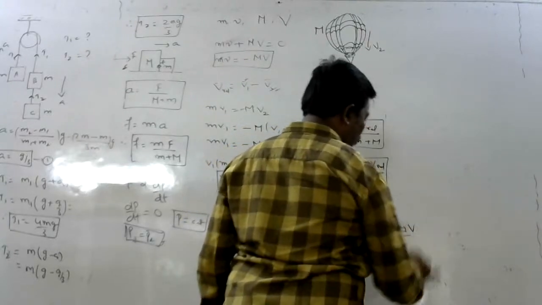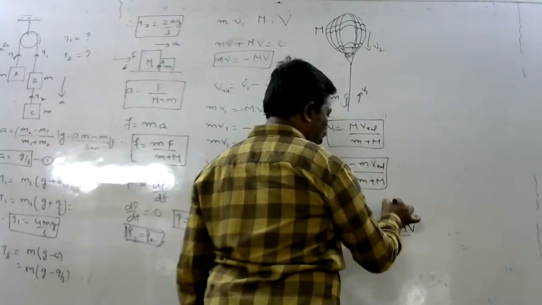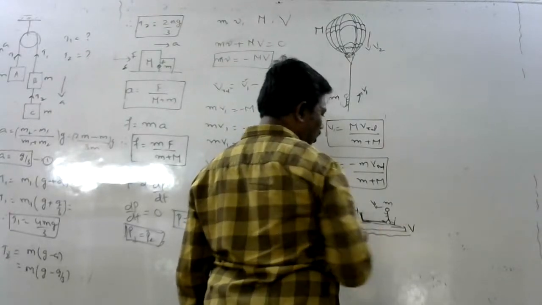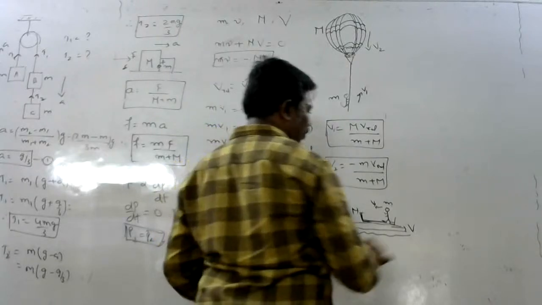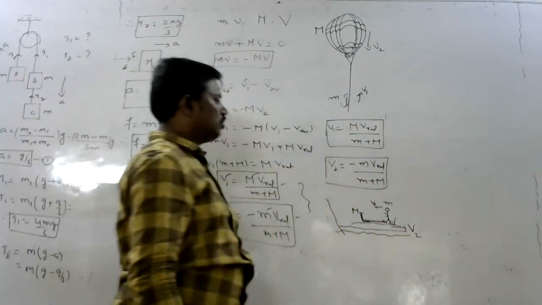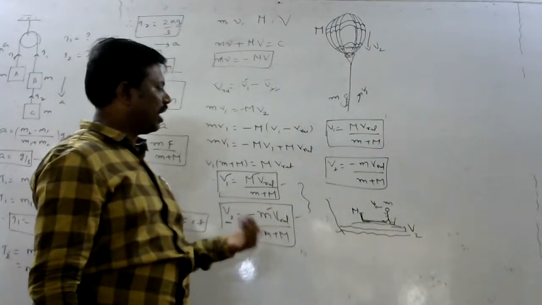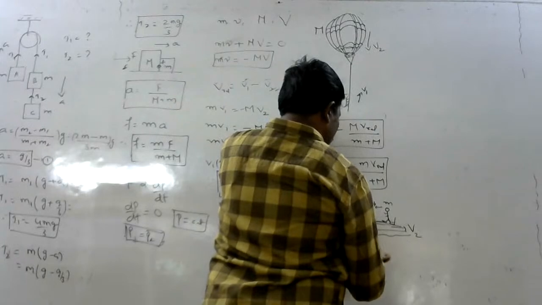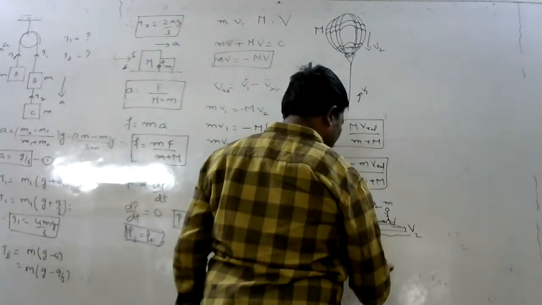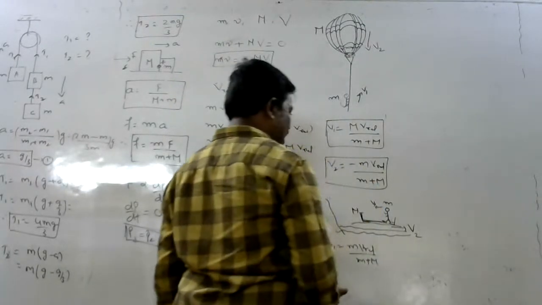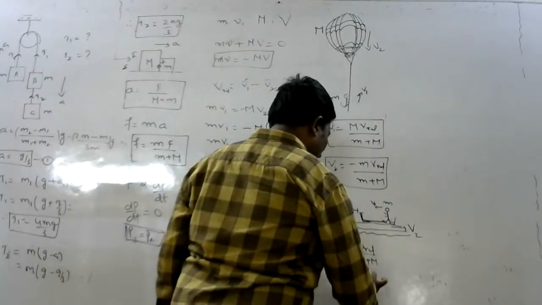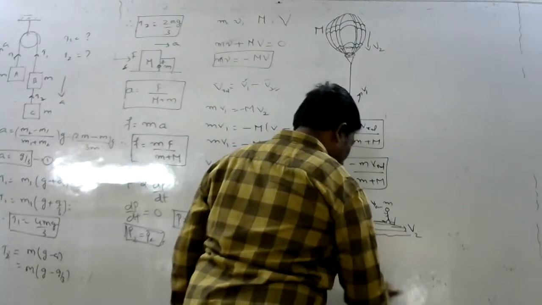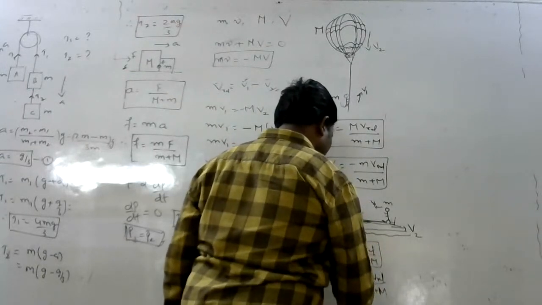It moving backward with velocity. A man of mass small m moving forward towards shore with velocity v1. So find the velocity of man towards shore. So v1 is equal to small m into v relative by small m plus capital M, and also v2 is equal to minus capital M into v relative by small m plus capital M.